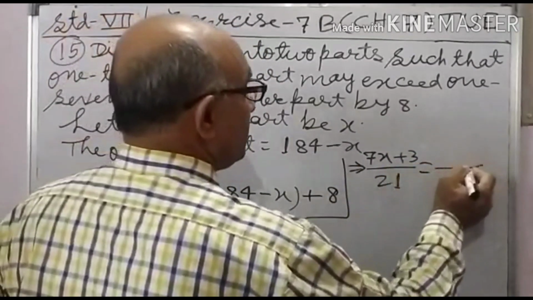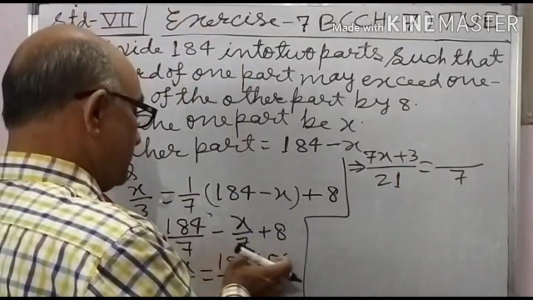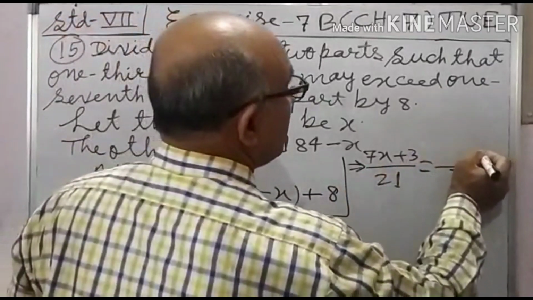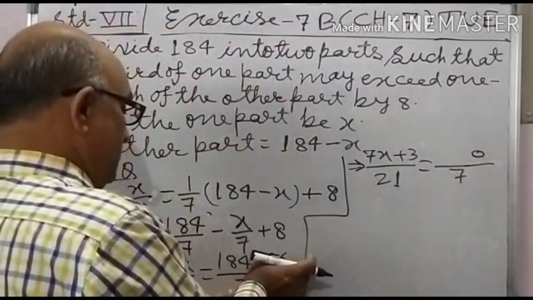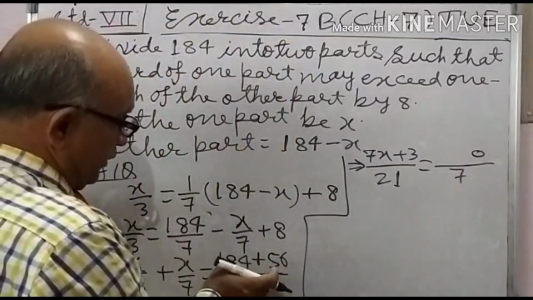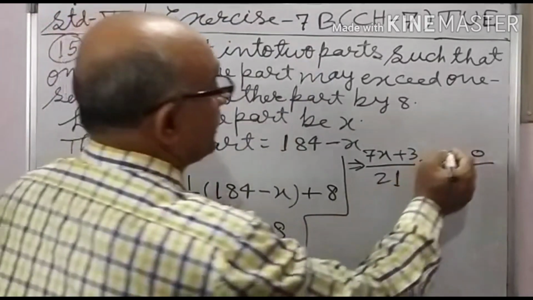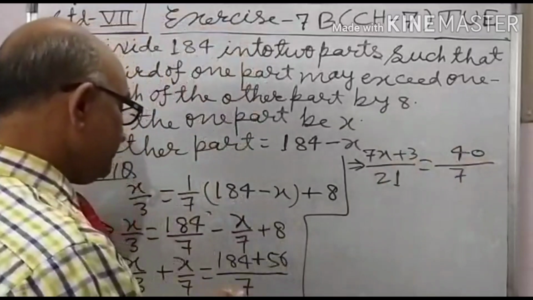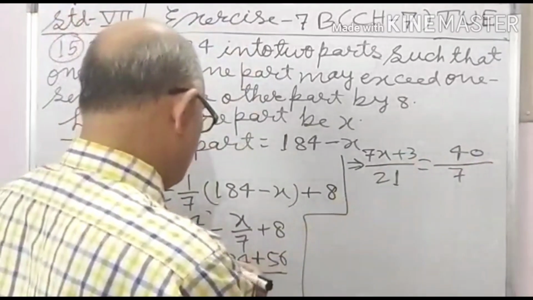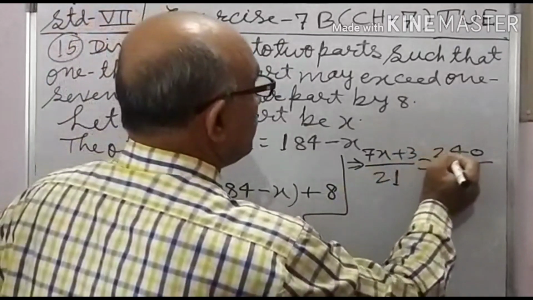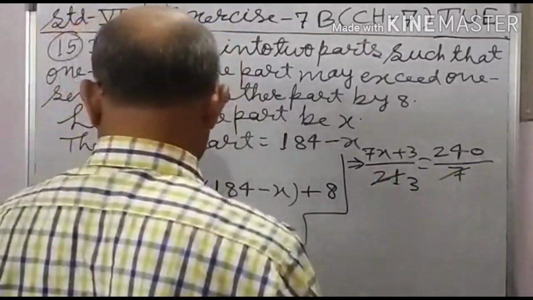Now 184 plus 56: 6 plus 4 is 10, write 0, carry 1. 5 plus 1 is 6, 6 plus 8 is 14, write 4, carry 1, and 1 plus 1 is 2. So 240. 7 times 3 is 21.